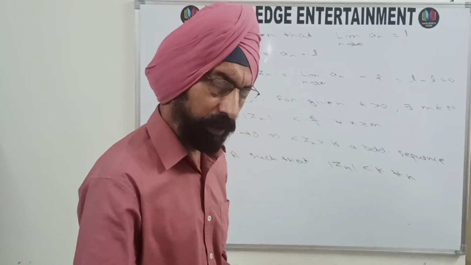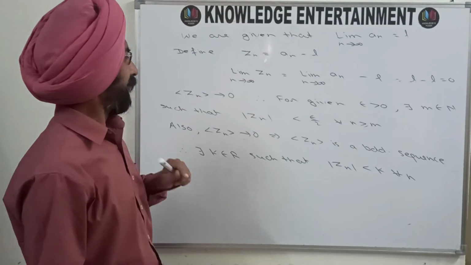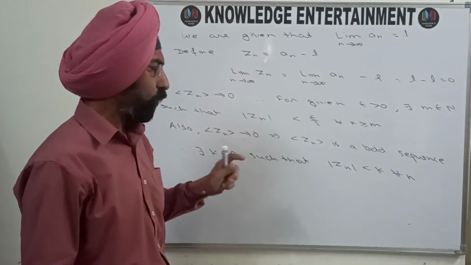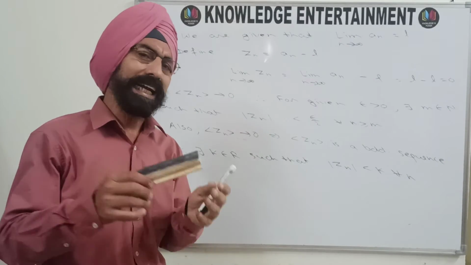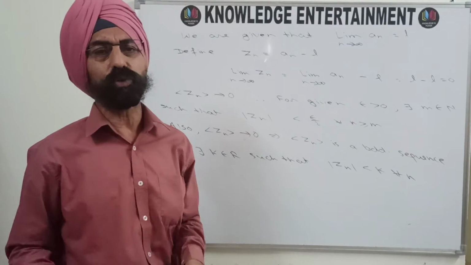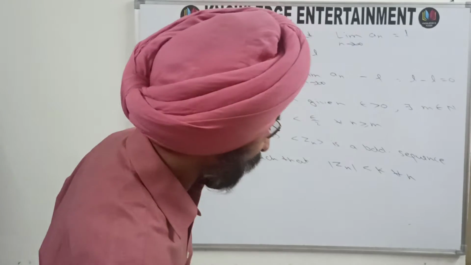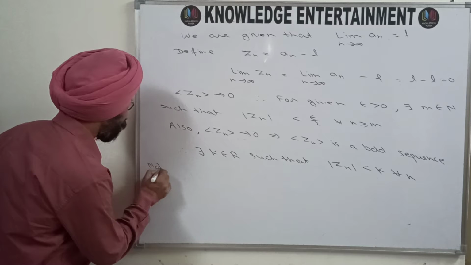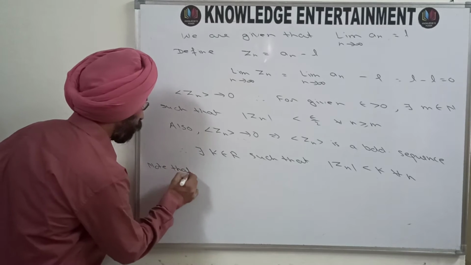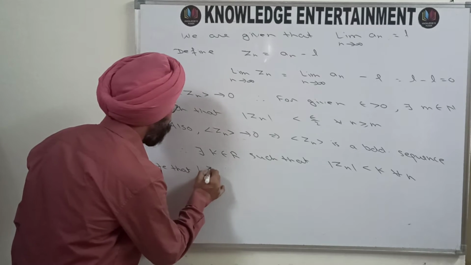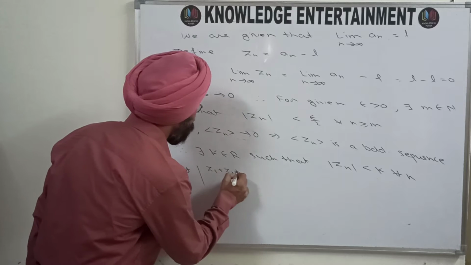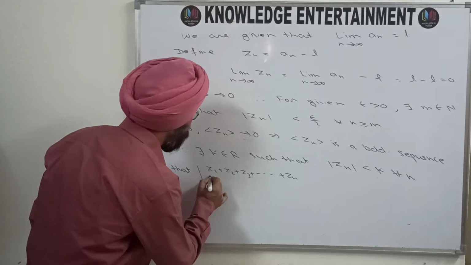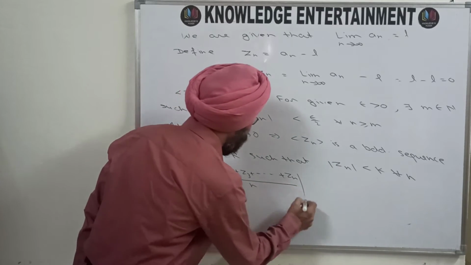Now we will move on to the main thing. This is your Zn, and now we will talk about (Z1 plus Z2 plus Z3 plus and so on up to Zn) divided by n. Now note that mod of (Z1 plus Z2 plus Z3 plus Zn) divided by n.